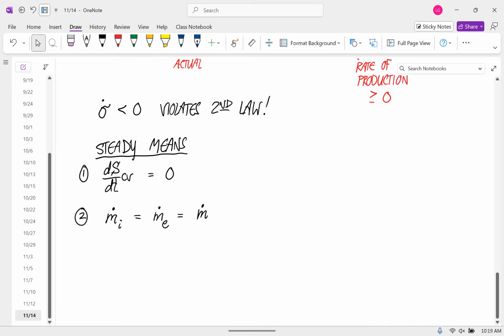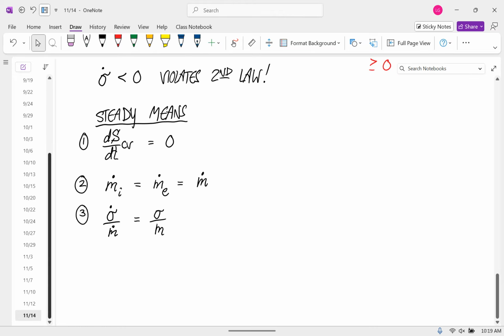And then the third one, this is kind of two things, but they're related. So if there's no fluctuations in time of properties, then you can go back and forth between, so if a question asks you sigma dot over m dot, or it asks you for sigma over m, those are exactly the same values. Okay.